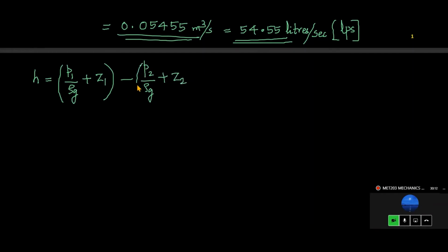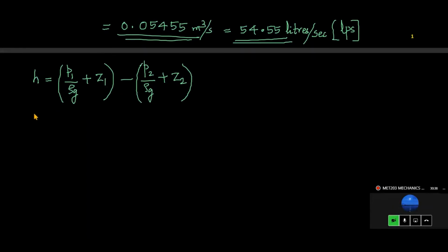This is a generalized expression, and you can use it for inclined, horizontal, or vertical venturimeters. A venturimeter can also be placed in the vertical orientation and used for measurement. So H is equal to piezometric head at 1 minus piezometric head at 2.